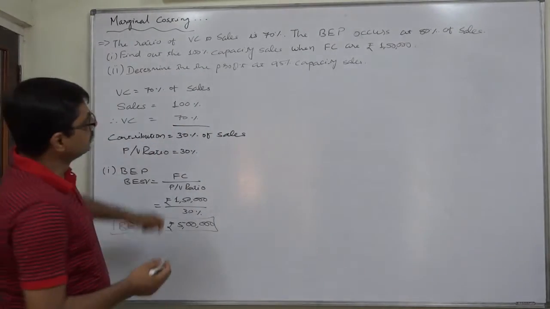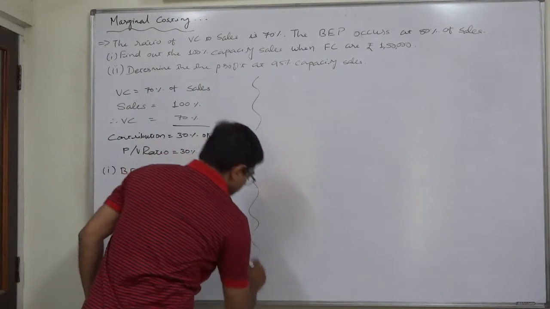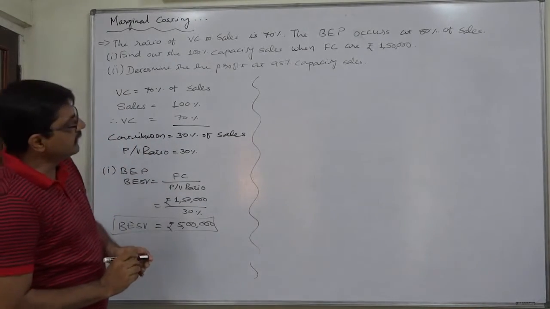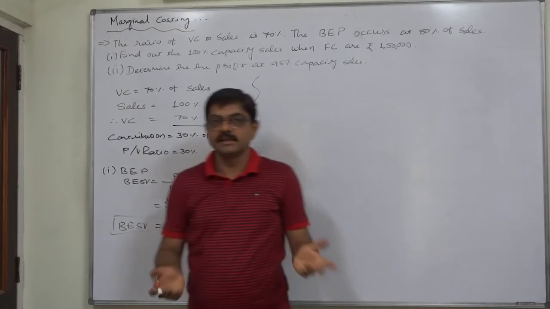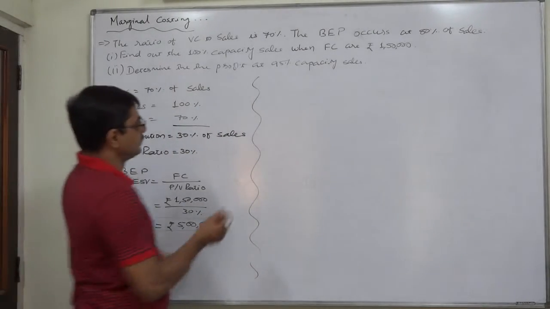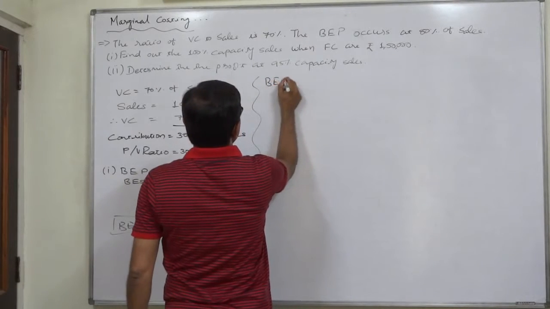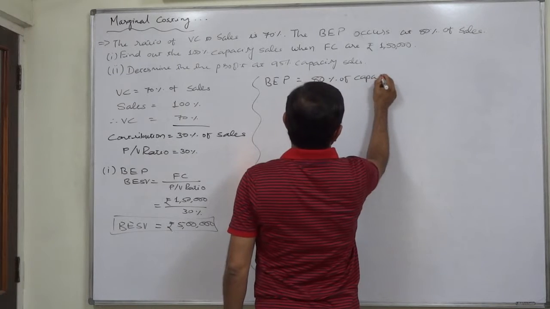Now the second sentence is: the BEP occurs at 80% of sales. I dare to say that the wording should be: the BEP occurs at 80% of capacity, because that interpretation only can give us the 100% capacity sales. BEP equals 80% of capacity.